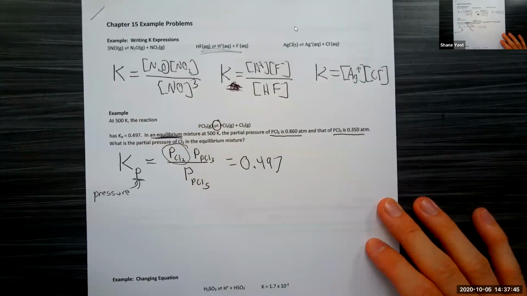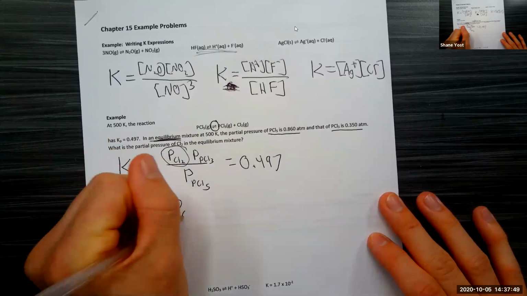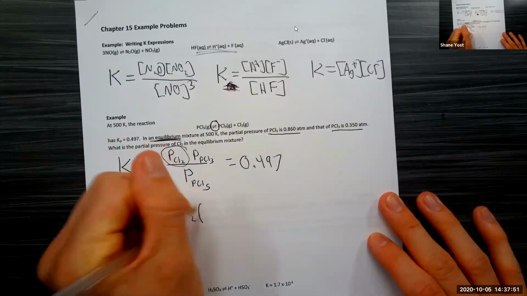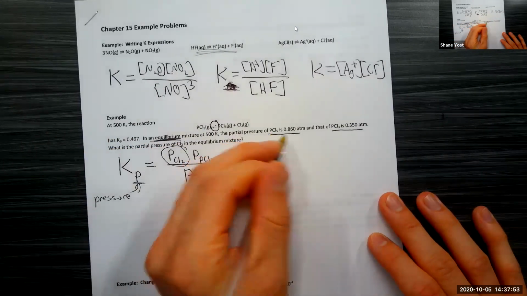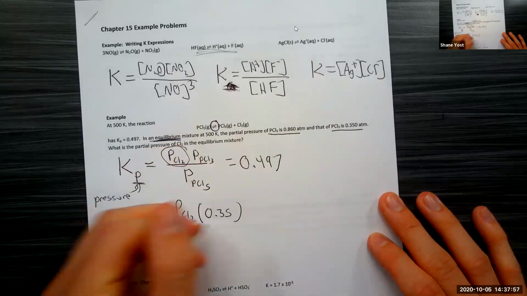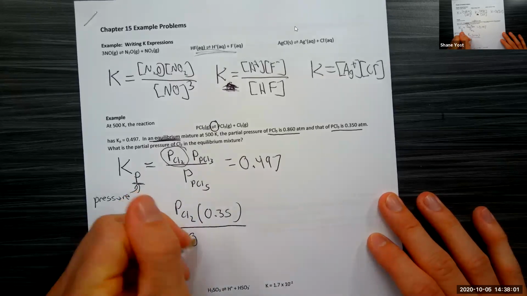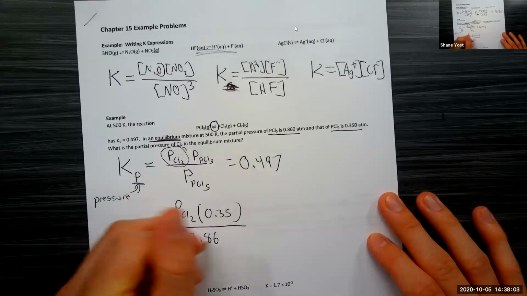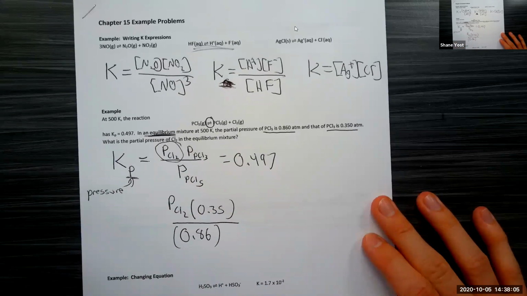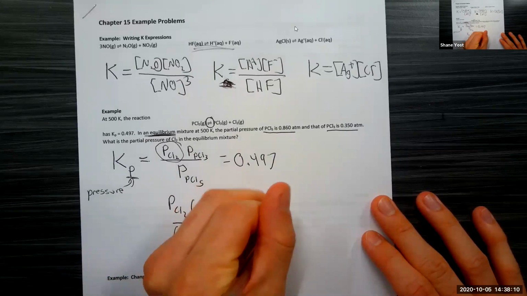We're looking for the pressure of Cl2. The pressure of PCl3, we're told, is 0.35 atmospheres. The pressure of PCl5 is 0.86 atmospheres. That's given in the problem, and that equals the equilibrium constant, which is 0.497.